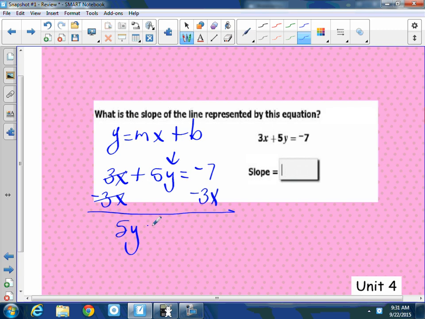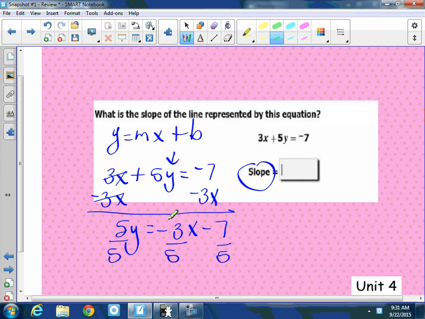So you get 5y equals negative 3x minus 7. Now I'm going to divide by 5. I can stop because I only want the slope. My slope would be negative 3/5.